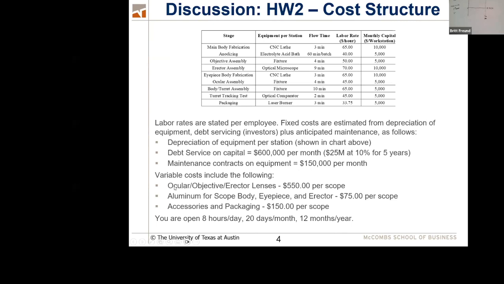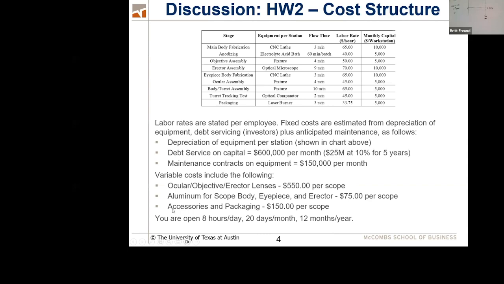But basically, I purchased from a supplier the ocular lens, the objective lens, and the erector lenses. And I had to pay that supplier $550 for each of these lens sets. For each scope, I had to pay $550 to get those particular lenses that I'm going to put into my product. I also had to buy some aluminum for all this stuff, and that was about $75 a scope.